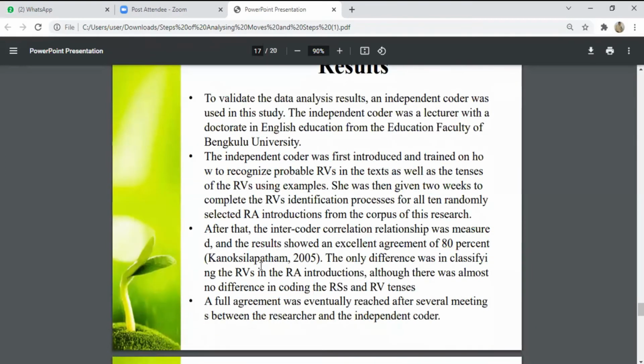After that, the intercoder correlation, the relationship, was measured and the result showed an excellent level. So 80 or above is already excellent according to Kanoksilapatham, 2005. The only difference was in classifying the reporting verbs in the research article introduction.